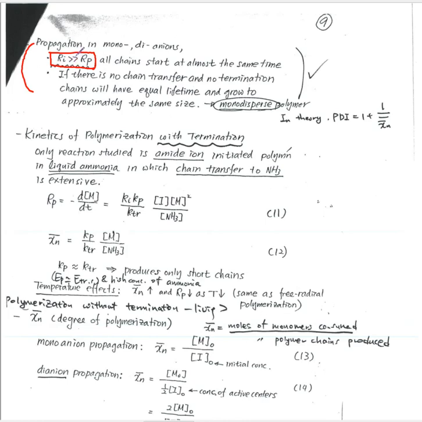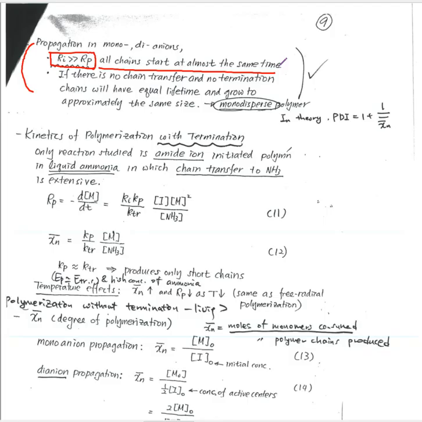All the anions are formed immediately after the start of the reaction. Then at the end of each of these anions, polymer chains start to grow. So basically all chains start at almost the same time and grow at a really fast rate.